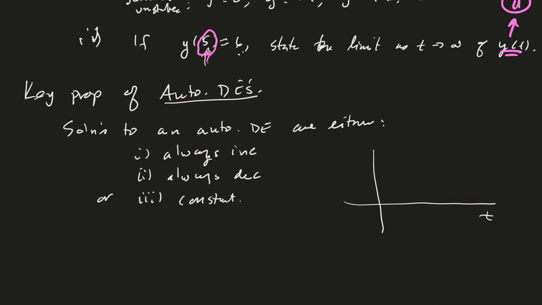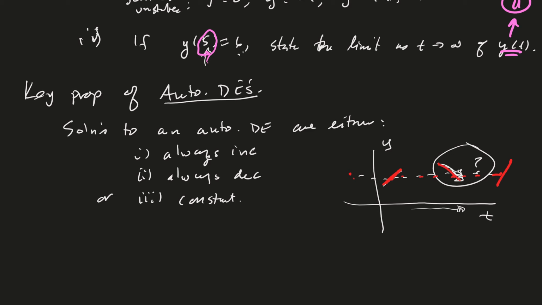Suppose that this is the ty plane and I have a function, and suppose that my function is increasing there. Is there ever a time out here somewhere where the function can decrease again? Can this ever happen? I think you'll see that the answer is no, because at this particular value of y, if you have this slope of the line here, then if you come over at any point in time later, it's also got to have that slope, right?